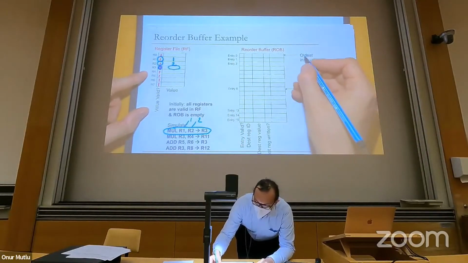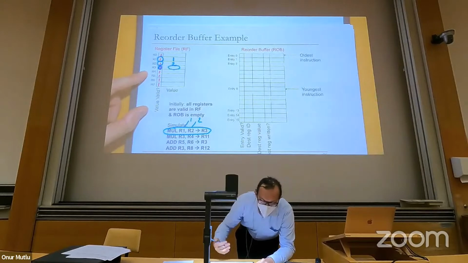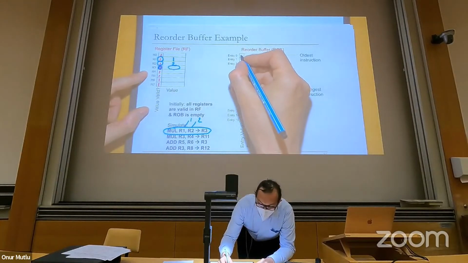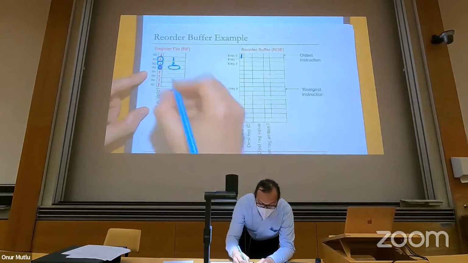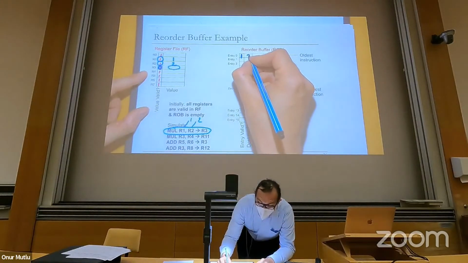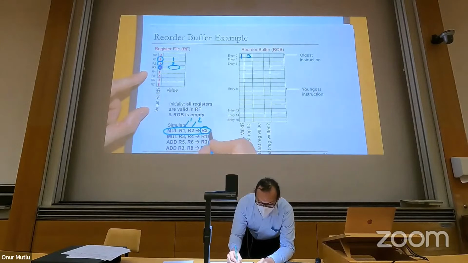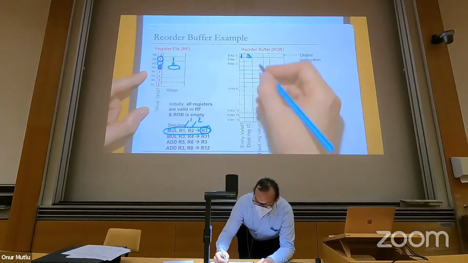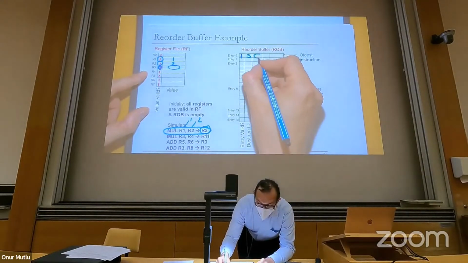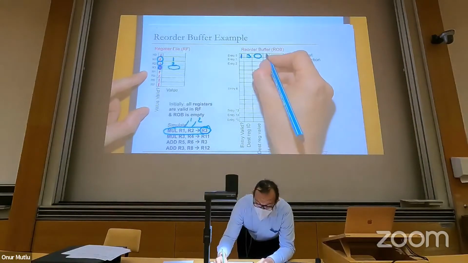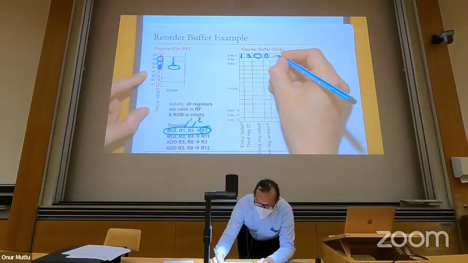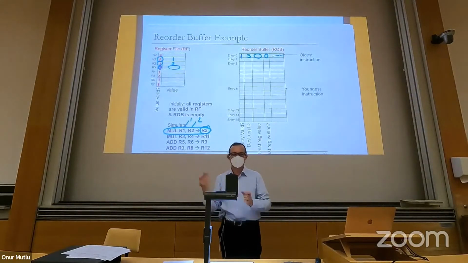Let's assume that the reorder buffer is empty initially. So multiply allocates entry 0, makes the entry valid, and writes its destination register ID, which is 3. The destination register value is not available yet because multiply didn't execute. Destination register written? No, because multiply did not execute. It also writes a bunch of other stuff that we're going to ignore for now.